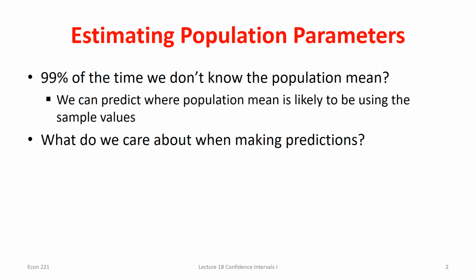And why we care about, well, we care about making predictions because we want to know where those true parameters lie so we can make policy decisions, right? So how can we do that? Well, if we can limit the bias, like we talked about with all the random sampling, stratified sampling, eliminate some of those non-response biases, but we also, if we can get the variance on our sample mean distribution to be really, really low, well then it's very likely that we only see values around the mean.